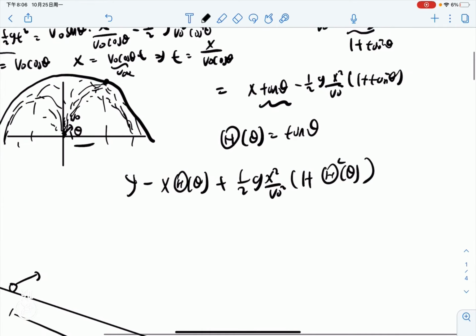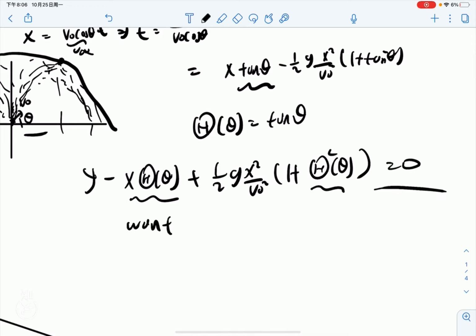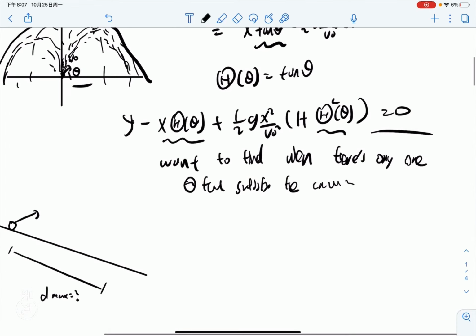So basically, this is equal to 0. The goal is to find when there is only one theta that satisfies the condition.